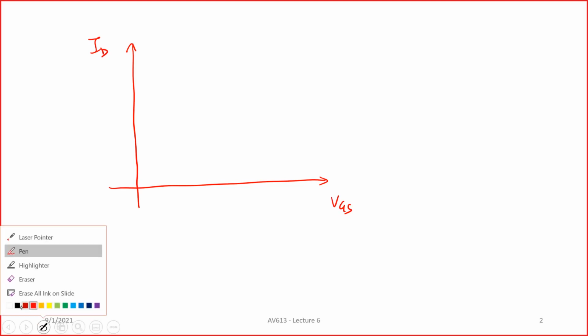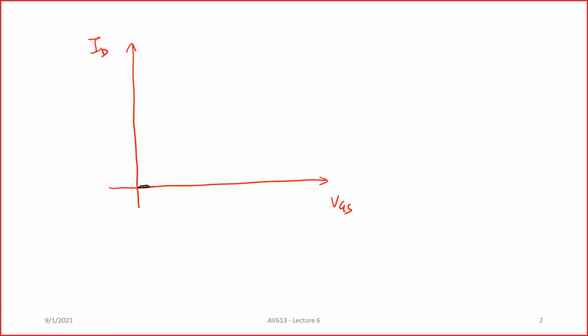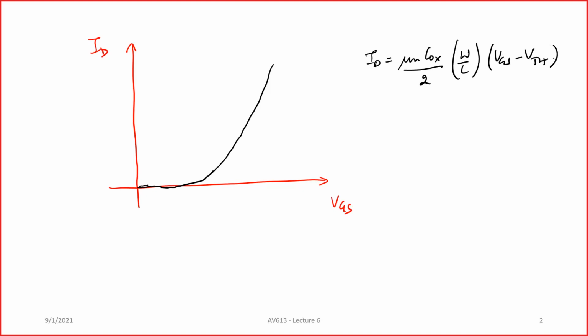Now, when we look at the drain current versus VGS, the ID-VGS plot, we know that it follows a quadratic equation. It's called the square law equation. ID is given by mu n Cox by 2, W by L, (VGS minus VTH) the whole square.